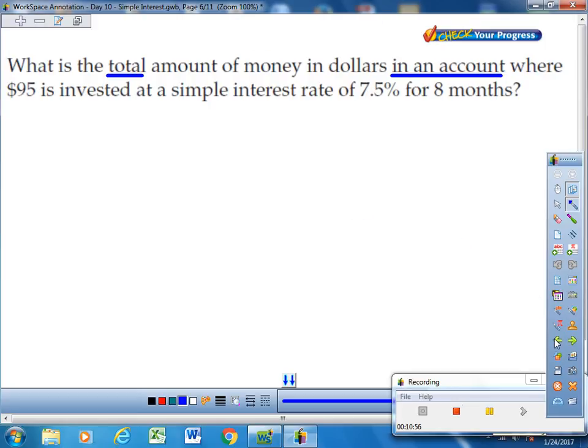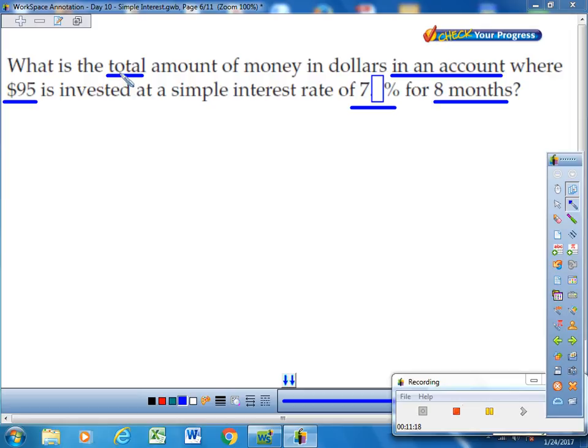I'm going to tell you that I just want you to say 7% for 8 months. And so the things that you need to write down is $95, 7%, 8 months.